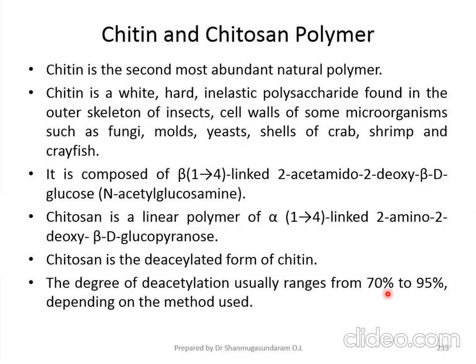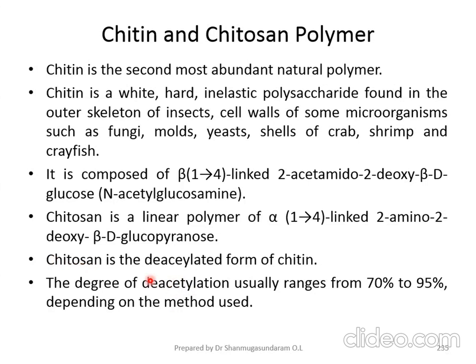So here 70% and 95%, it depends upon the applications. Again the property will change. Please make a note of it. If you remove 60%, ultimately you are going to get chitosan polymer. There is no doubt. But if you remove 100%, again ultimately you are going to get chitosan polymer.